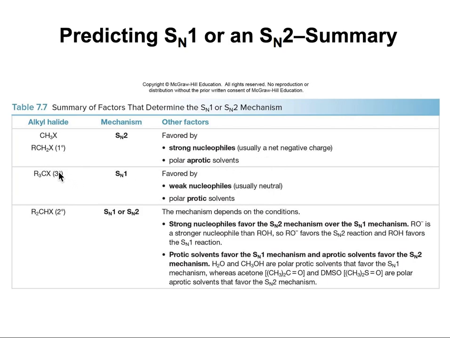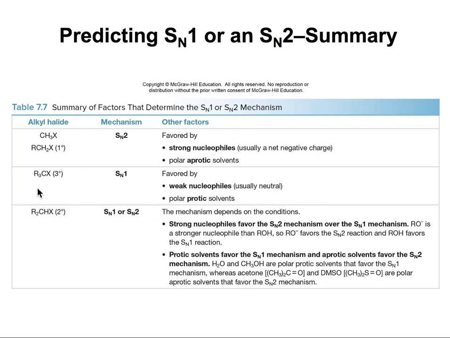When we have a tertiary alkyl halide, it will go through an Sn1 because it will give us a very stable carbocation, so it's likely to happen. Weak nucleophiles will favor Sn1, and polar protic solvents will also favor Sn1 because a polar protic solvent will stabilize both the positive and the negative ions.